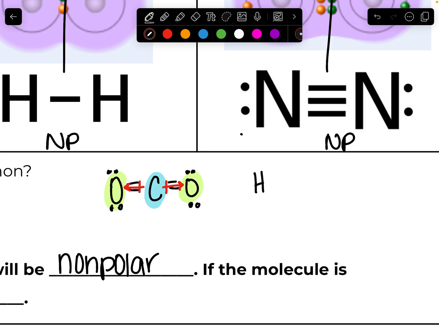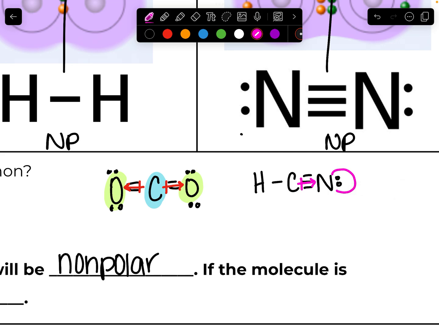All right, what about something like this? Okay, HC, take that electronegativity difference, that is a nonpolar bond. CN, that is a polar bond. It's polar in this direction, pulling electron density towards nitrogen. Ooh, and she's also got a lone pair.